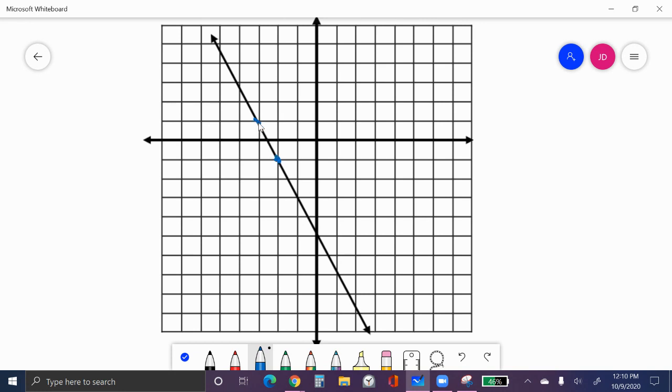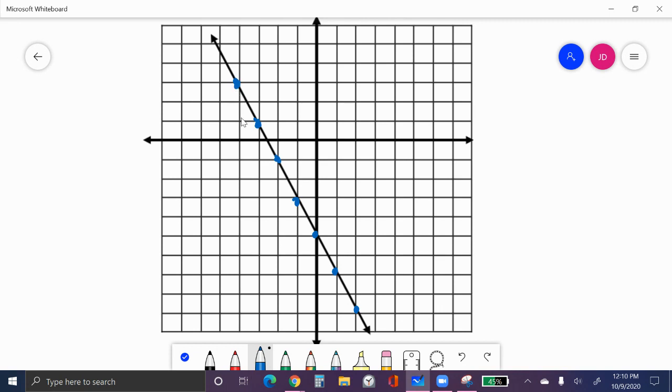Actually, these are kind of hitting nicely here. This line is not the best with hitting the grid lines nicely. Okay, so here's my points on the line.